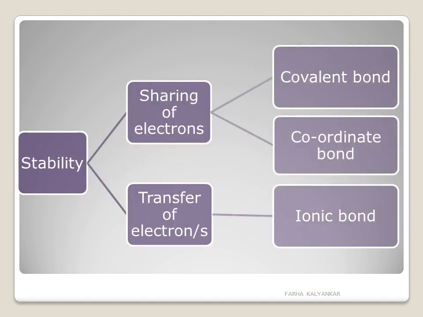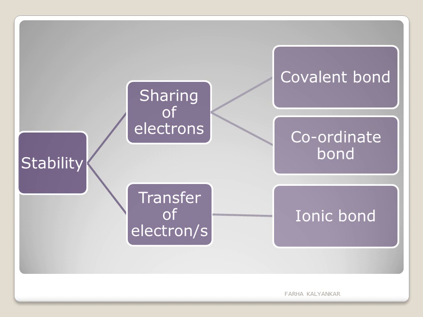To attain stability, atoms of elements have two options. They can either share electrons or transfer electrons. When there is transfer of electrons, that is, the loss or the gain of electrons, the bond formed is an ionic bond.